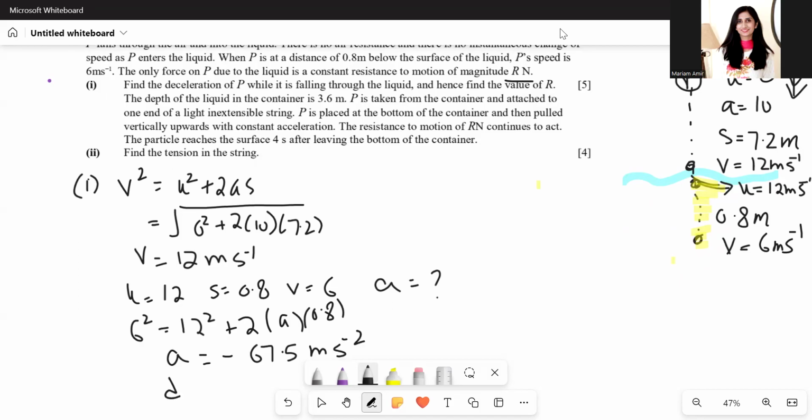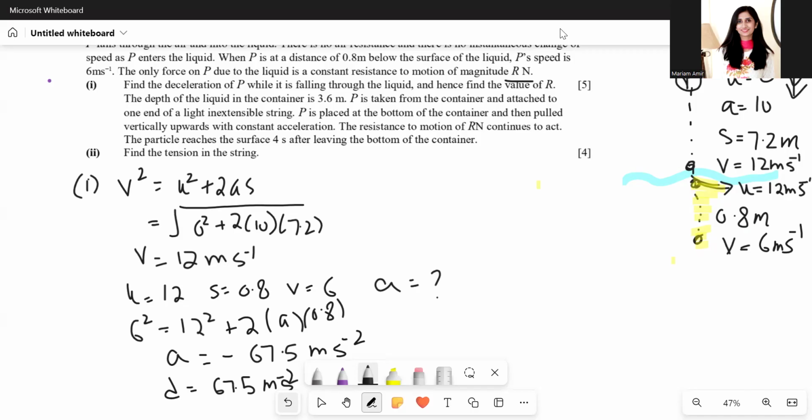Since they want the deceleration, we're going to ignore the sign and write the magnitude of acceleration only. 67.5 meters per second square. Okay. Find the deceleration of P while it is falling through the liquid and hence find R.